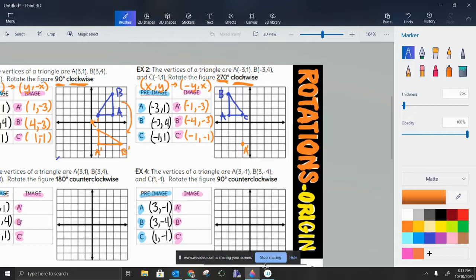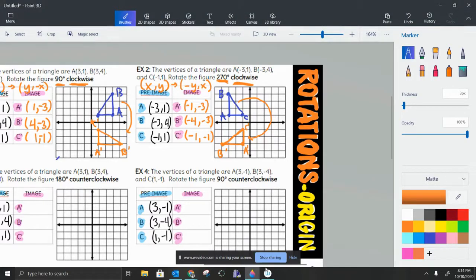Negative 4, negative 3 is here, so there's B prime. And negative 1 is here, so there is C prime. So we definitely made it to the correct quadrant. Moving clockwise, that is a 270 degrees rotation around the origin.